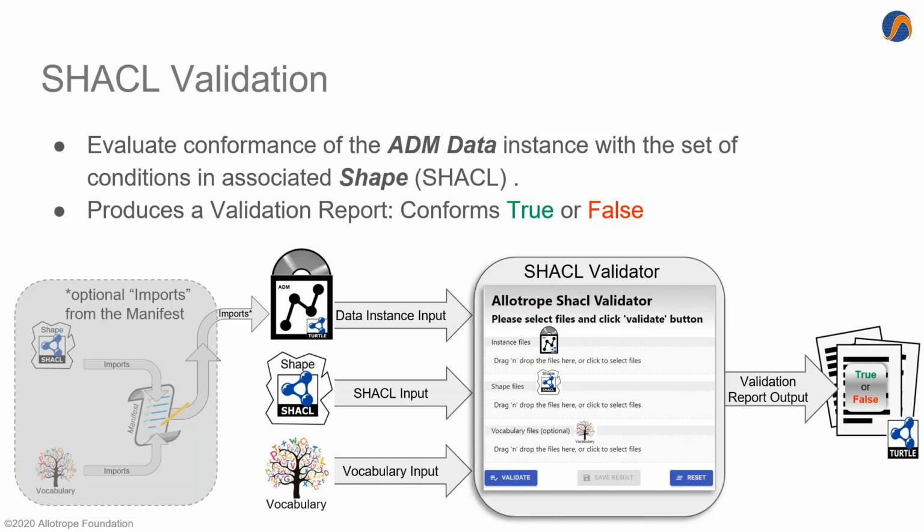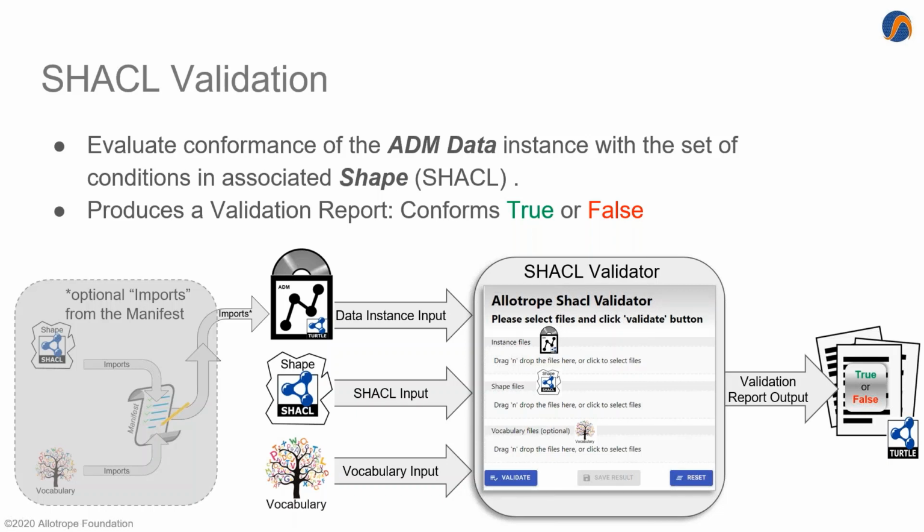If you remember, the ADM data instance references the manifest, which in turn imports the shape file with all the set of conditions. So our SHACL validator has a plugin input for the data instance, for the SHACL shape, and for the vocabulary. And the output is a report whether it passes validation or it fails.